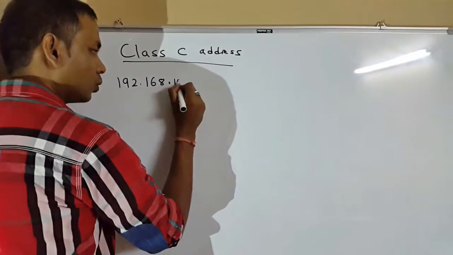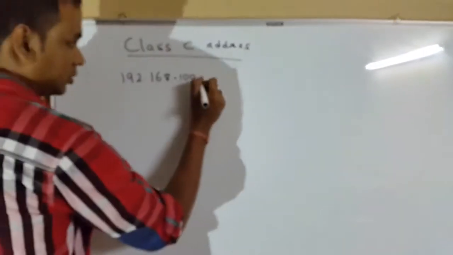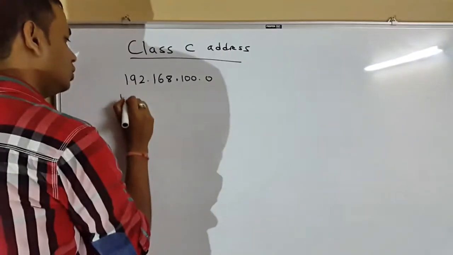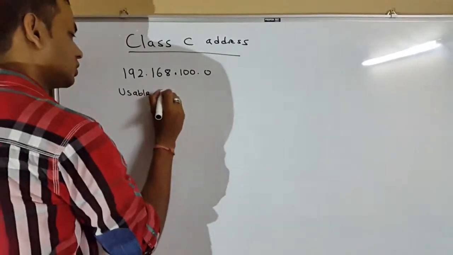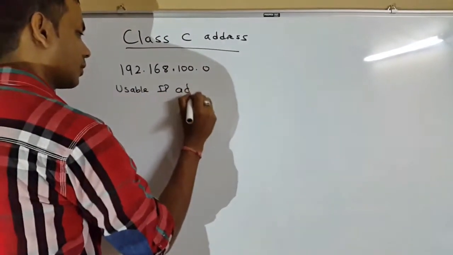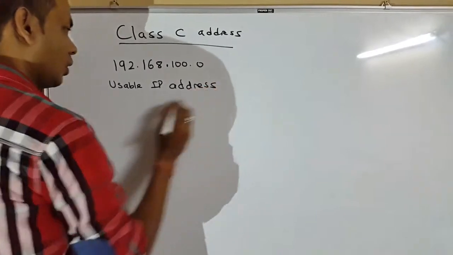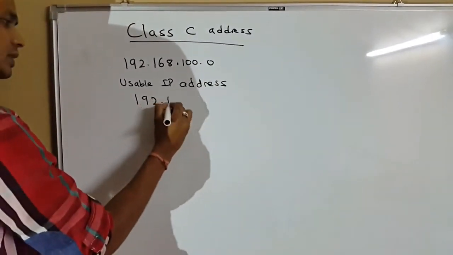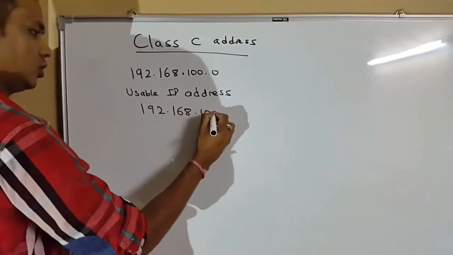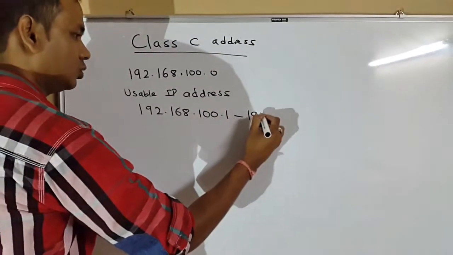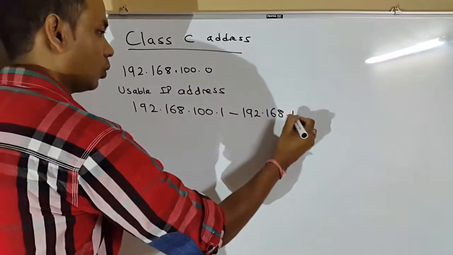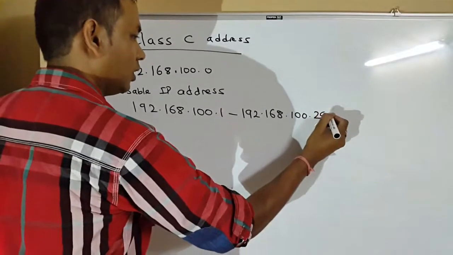For example, I am going to use 100.0. My usable IP addresses will be 192.168.100.1 to 192.168.100.254.